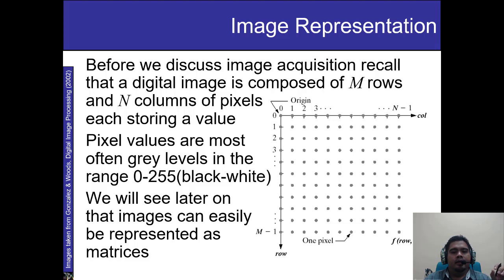That's why you can have numbers from 0 to 255. This will be discussed later in the next slide: why we have this range of numbers, why 8 bit, why 4 bit, and so on. That will become clear in our next discussion.